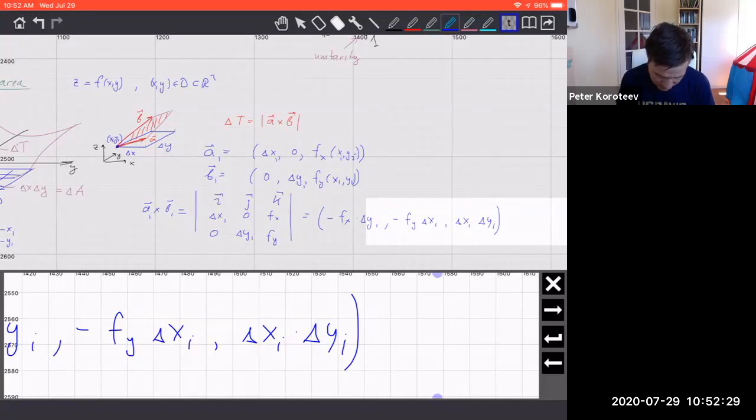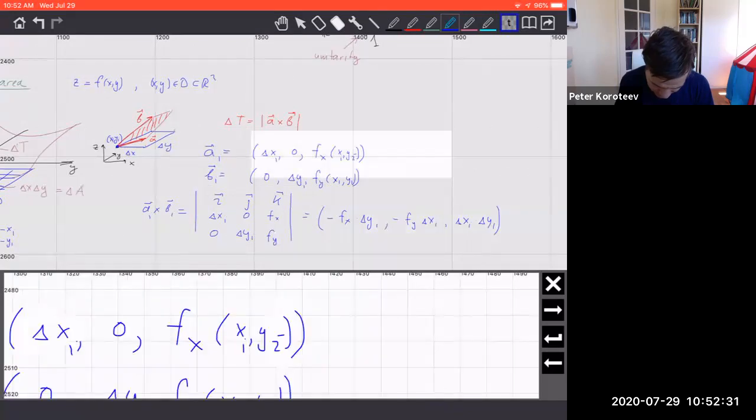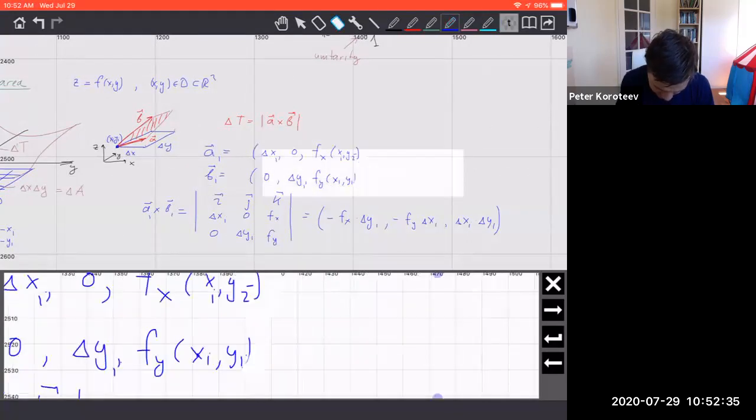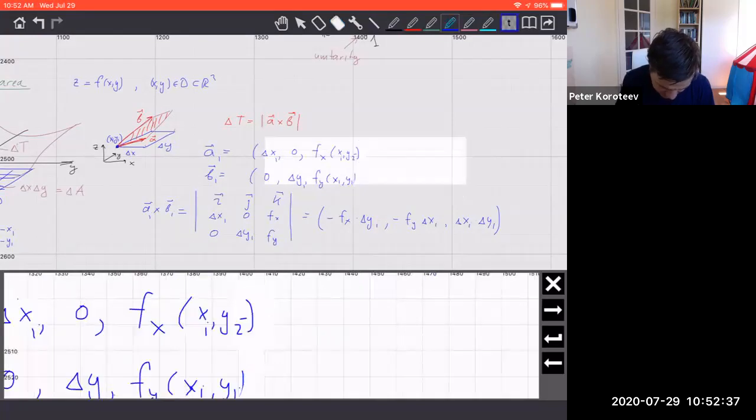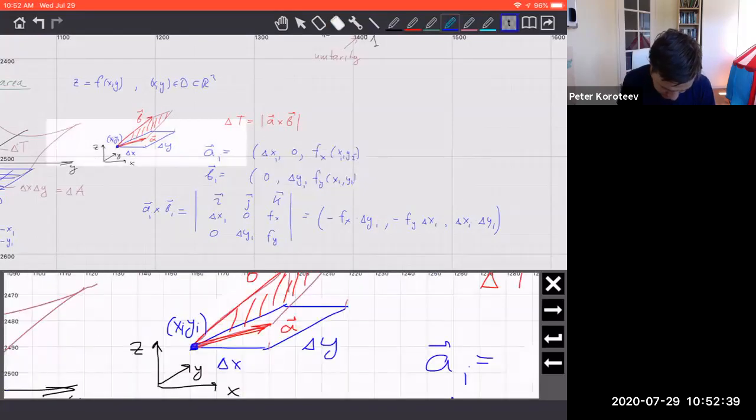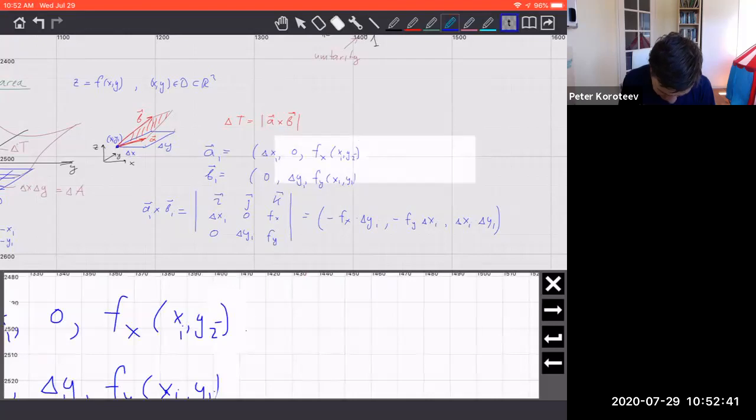I think I forgot something. Yeah, I'm sorry. It's not just the derivative; it also multiplies the deltas, right? So it's still delta x, but multiplied by f prime, multiplied by delta x_i.